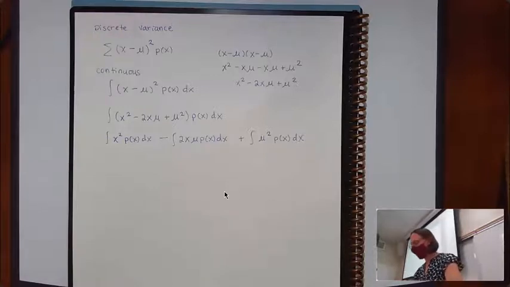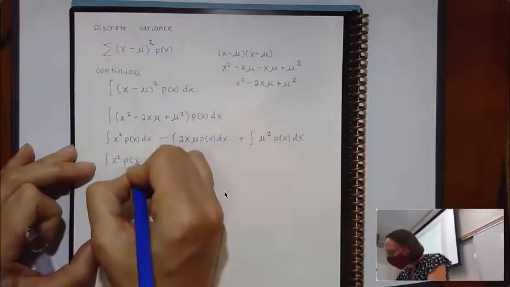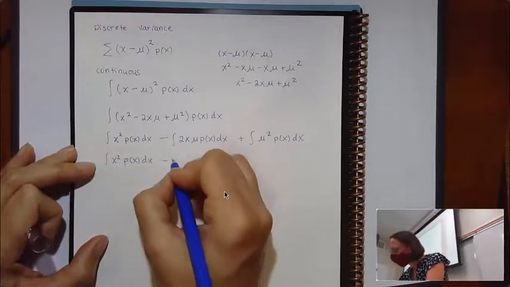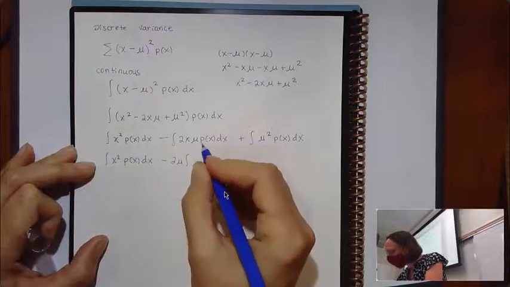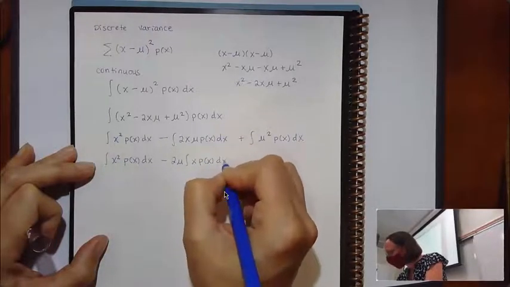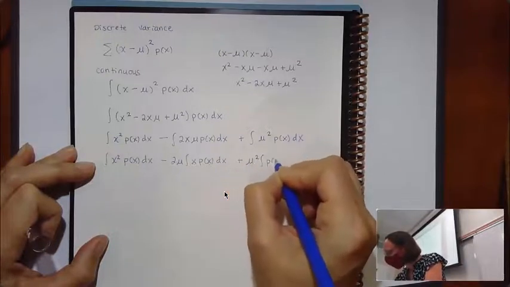And that's what I'm going to do. So this first one, not much I can do here. None of that stuff for constants, but here I can pull out the 2 and the mu. And then in here, I would have x p of x dx. And here I can pull the mu squared out.